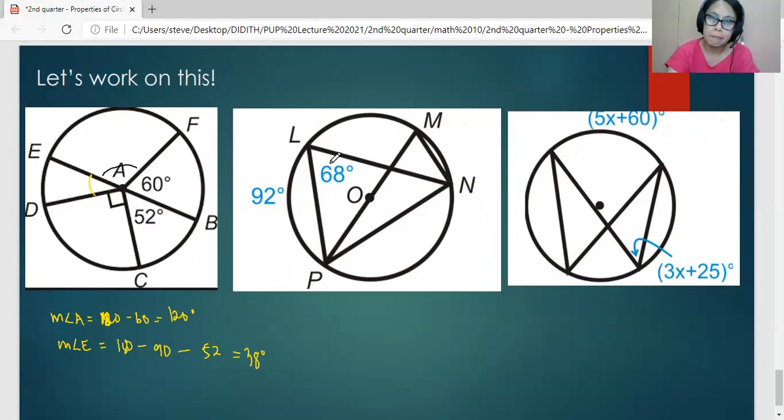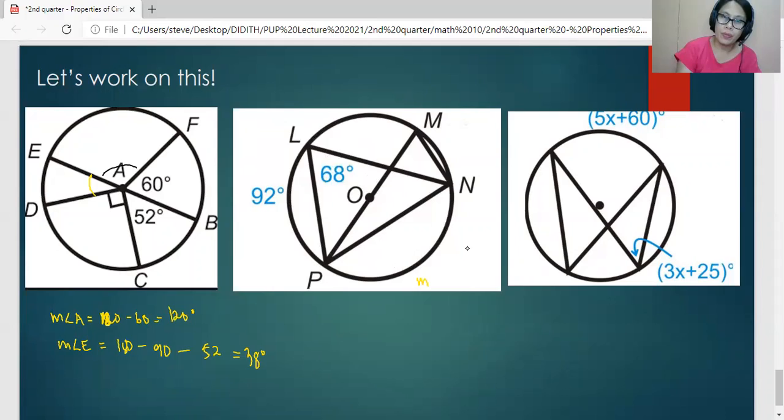For this one, we will be able to work on the degree measure of arc NP, since we know that NP here is the intercepted arc of inscribed angle NLP. So twice the measure of angle NLP equals its intercepted arc. So 68 times 2 will be its intercepted arc.